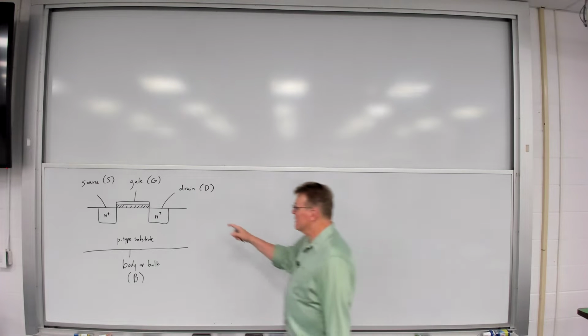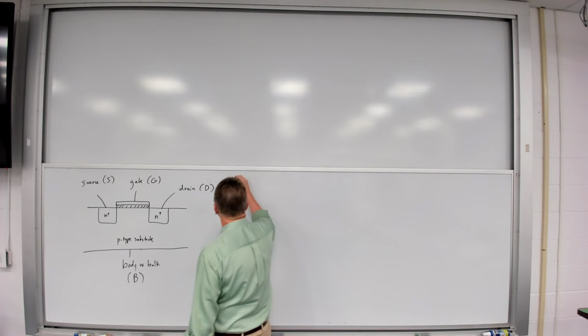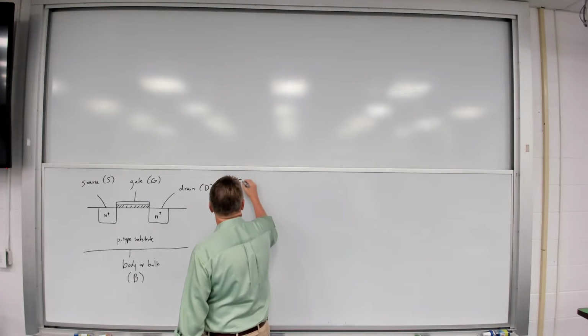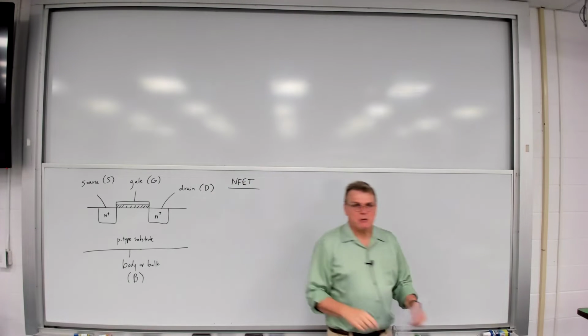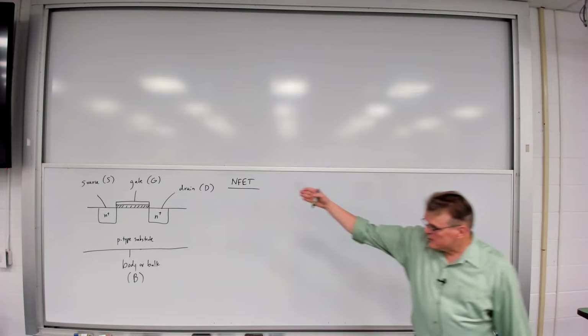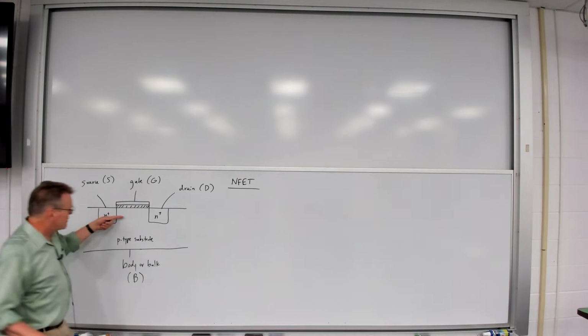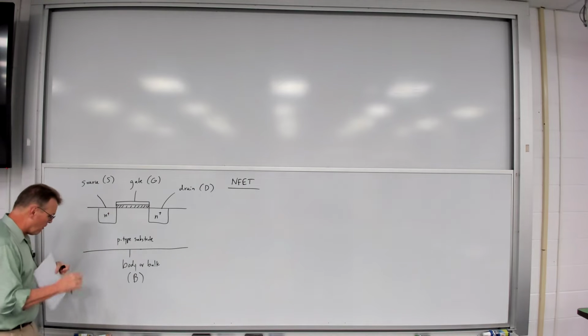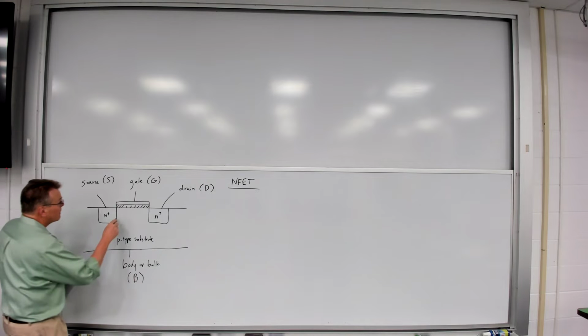So let's once again look at our NFET, NMOS-FET. And as we mentioned last time, we have to look at this thing. This is a cross section, but there's also a width and a length. There is a length that goes along the direction of the board.